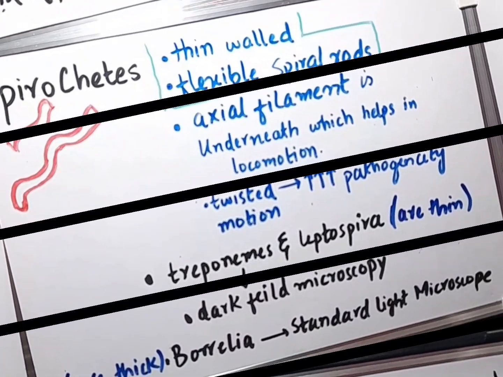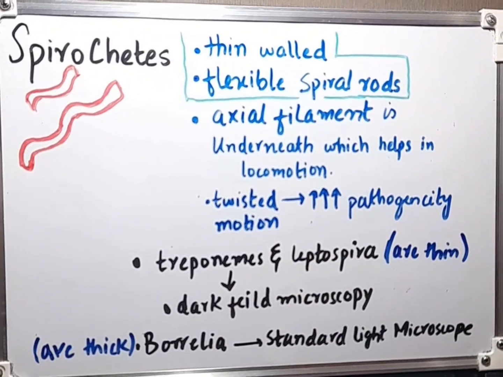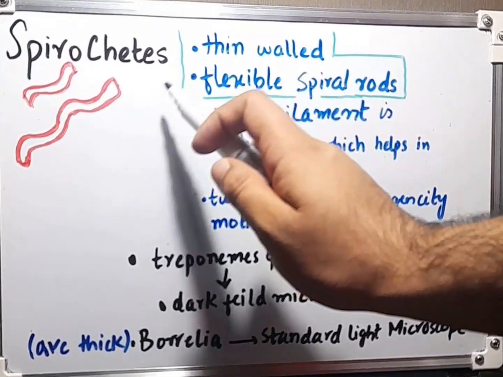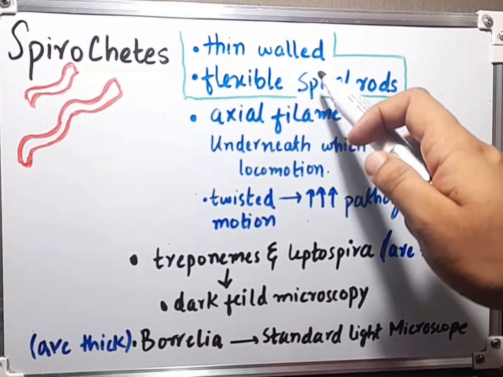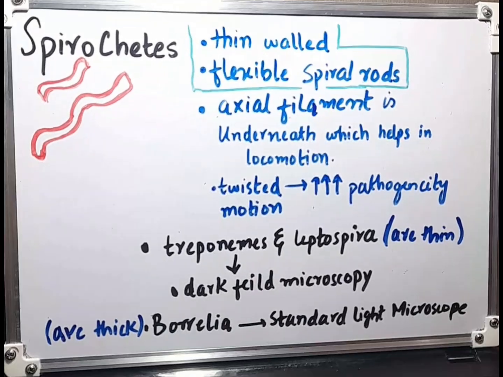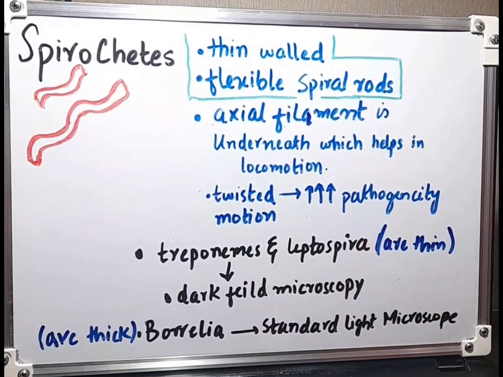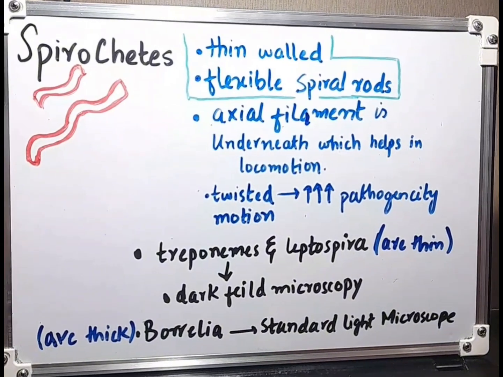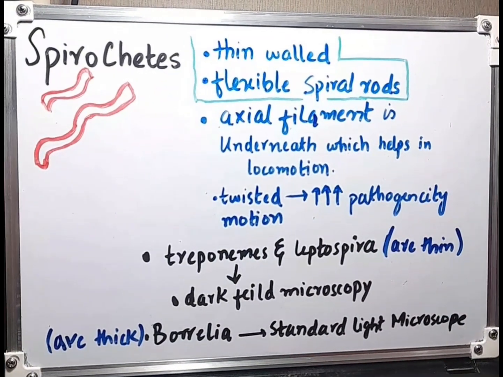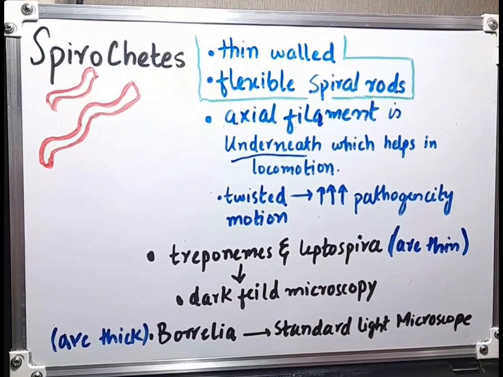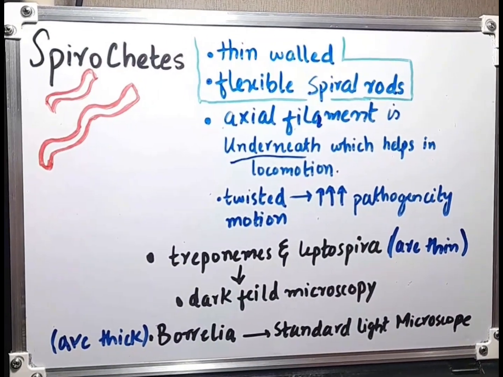We will discuss spirochetes. These are thin-walled microorganisms. The morphology is that they are flexible spiral rods. The locomotion in these spirochete bacteria is achieved by means of an axial filament, which is present underneath the cell wall or inside the bacteria, which helps in locomotion.